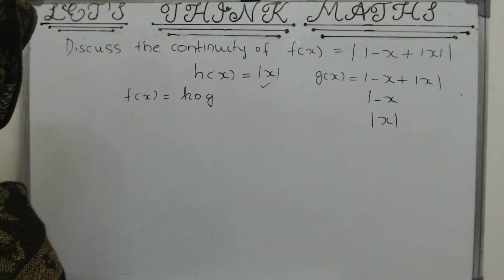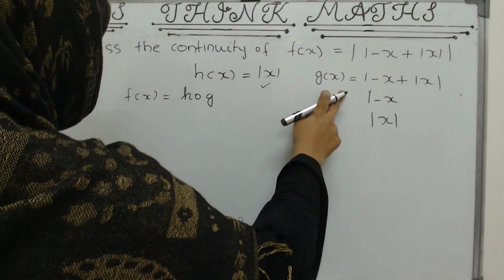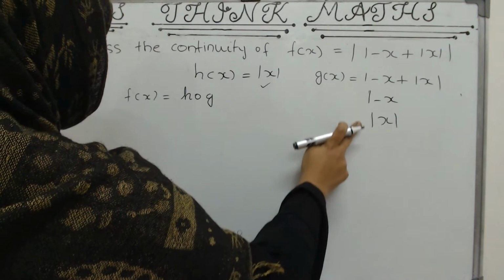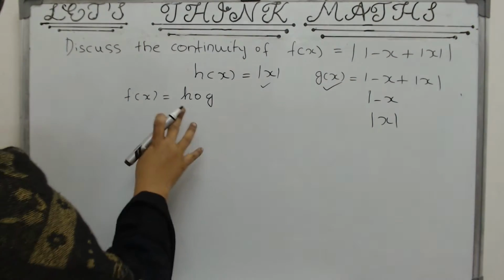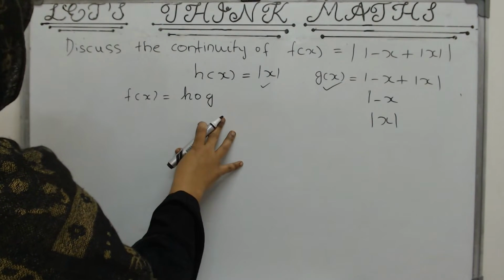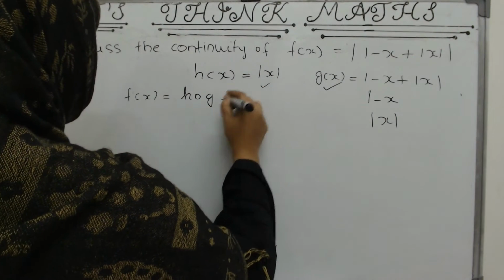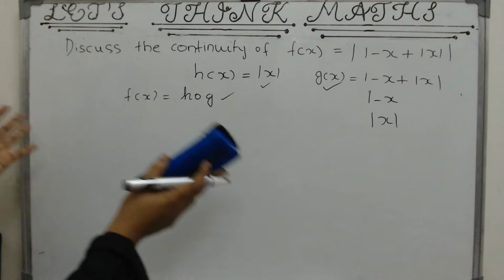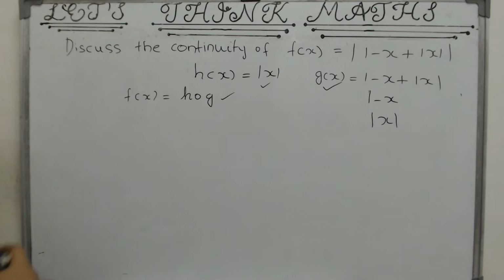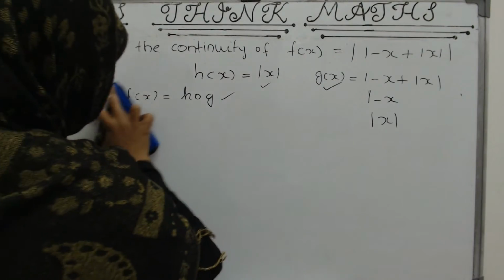Modulus functions are continuous. So you have taken gx as the sum of two continuous functions. So gx is also continuous and the composition of two continuous functions is again continuous. So fx is continuous. This is the lazy way. You just apply the properties. Now we can do it the other way also. Let us try that way.